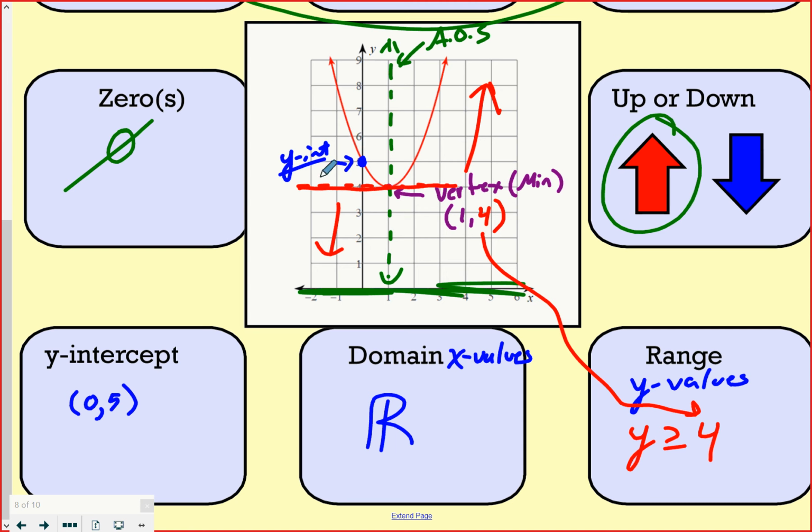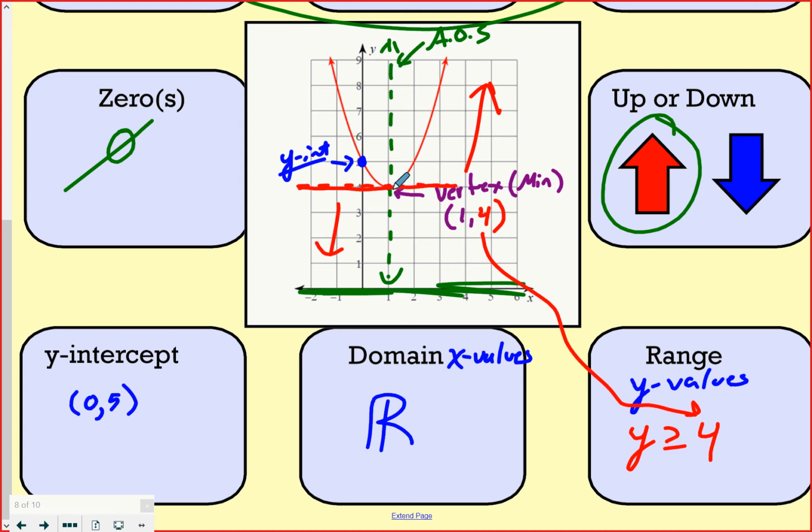So this is basically my line where my graph can go to. Now it can equal 4 because it's actually on that point. If it was off that point, then you would say that it's just going to be greater than. But in this case, it can equal 4, and once it hits that point, it's going to go back upward. So we found our domain, we found our range, we found all the pieces.